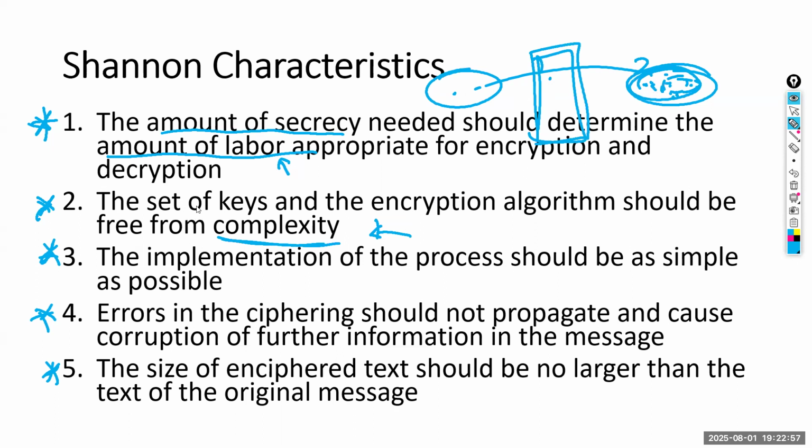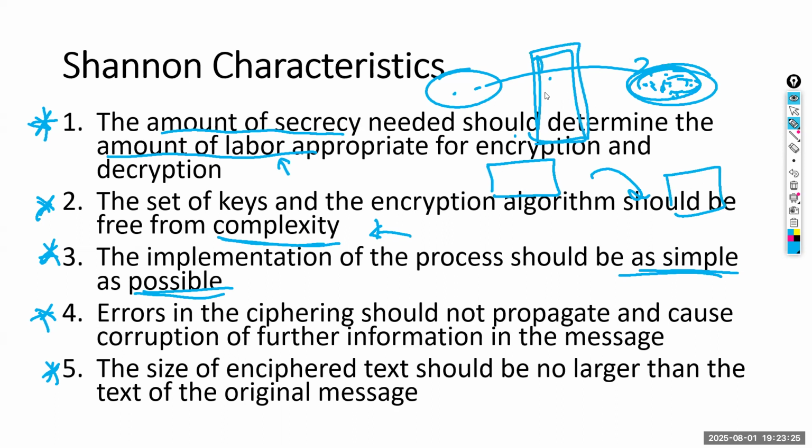That is the second. The third one says the implementation should be as simple as possible. Because once you have the algorithm, you need to implement it using Java, C, Python. When you implement it, try to implement it as simply as possible, because sometimes programmers over-engineer. When they put the algorithm into code, sometimes they make it overcomplicated.